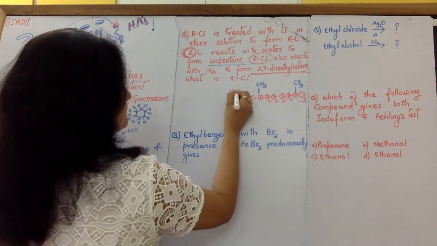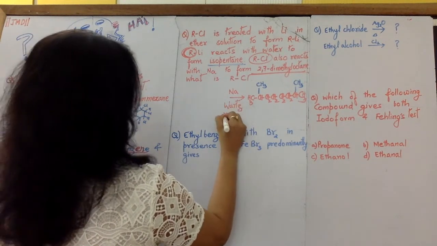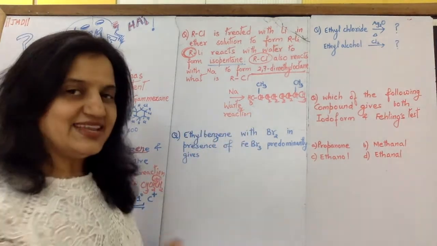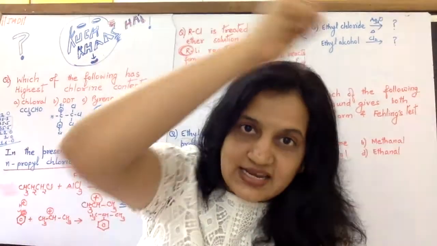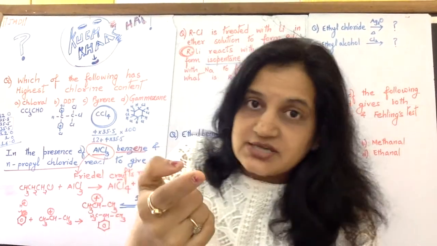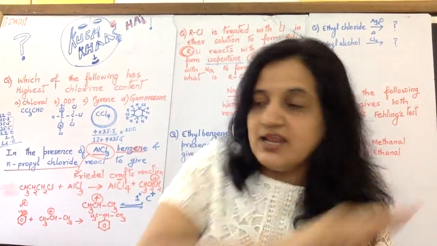With Na, that means Würtz reaction, and in Würtz reaction you get alkane having double the carbon atoms than alkyl halide. Once again I am repeating, in Würtz reaction you get alkane having double the carbon atoms than the alkyl halide.